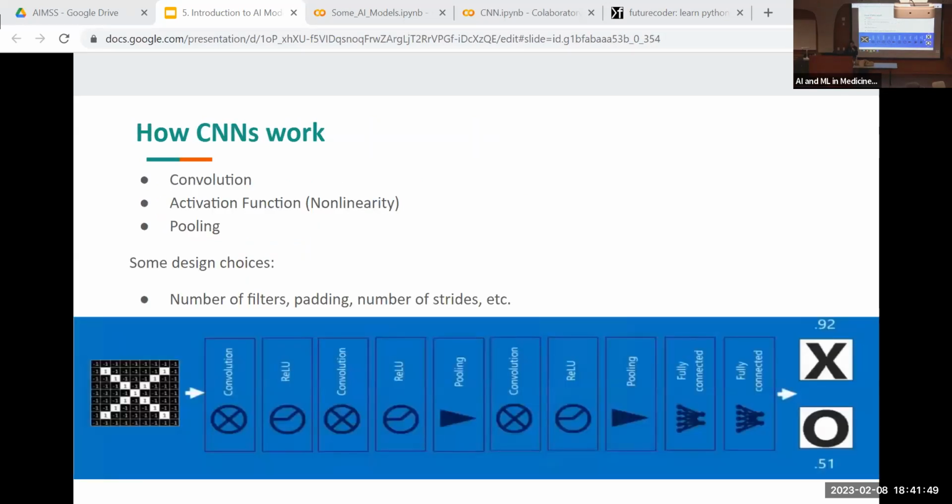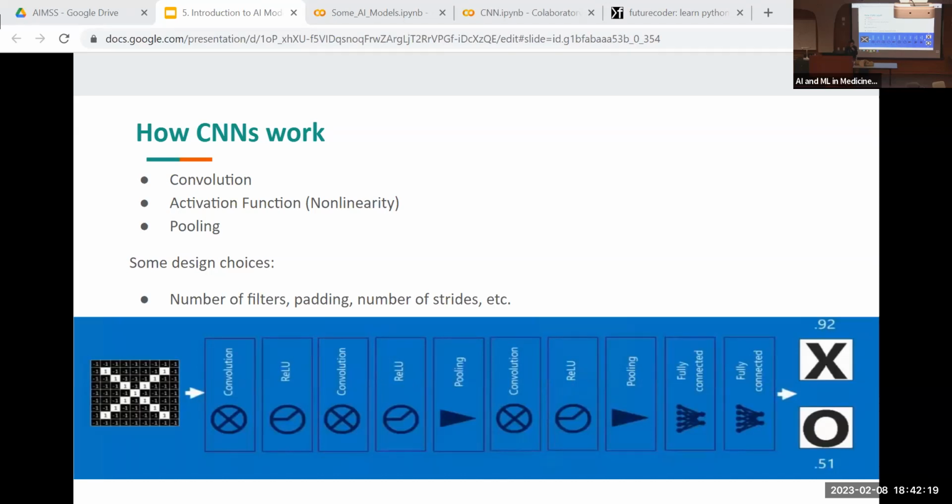Again, just intuitively, let's see how CNNs work. We have an input for our CNN, which is a picture, and we want to predict if it's X or O. The output is a value which gives us the probability of this picture being X or being O. There are different layers in a CNN.